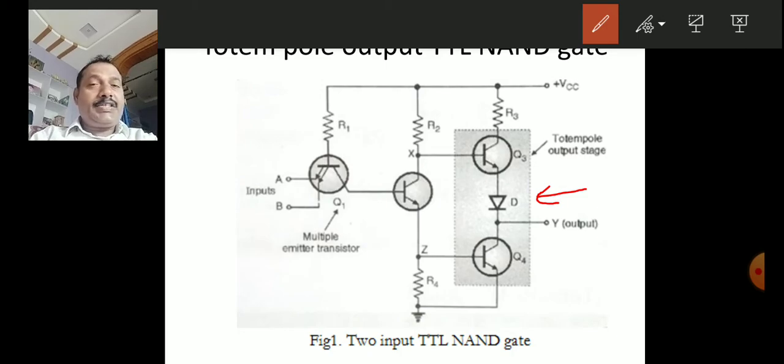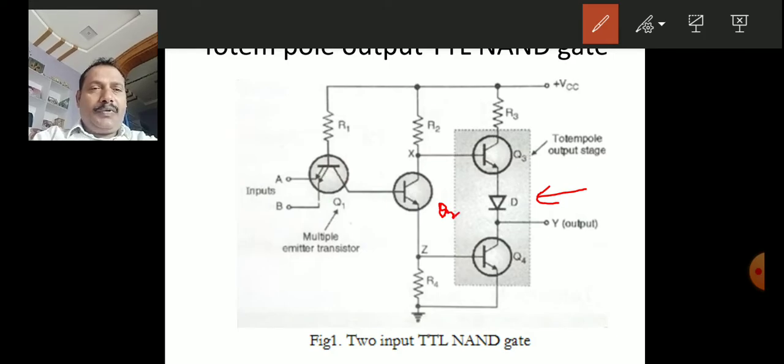To enhance the speed of operation of the TTL NAND gate, the totem pole configuration is used. Now, the output is taken from the collector of Q4 here. And you see the collector of the multi-emitter transistor Q1 is driving the base of Q2.